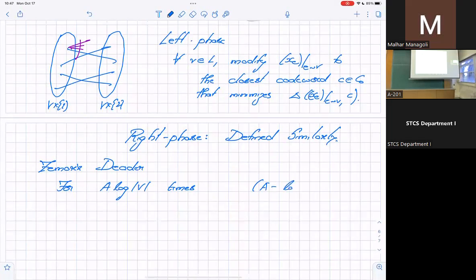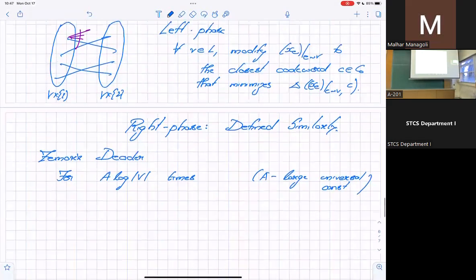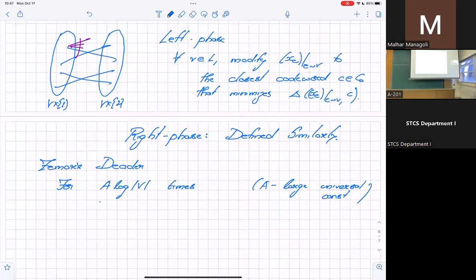A is a large constant, not dependent on the graph, a large universal constant. It depends on the degree? No, it doesn't depend on the degree. I don't think it depends on the degree. It's independent. Now left phase and right phase, one after the other.